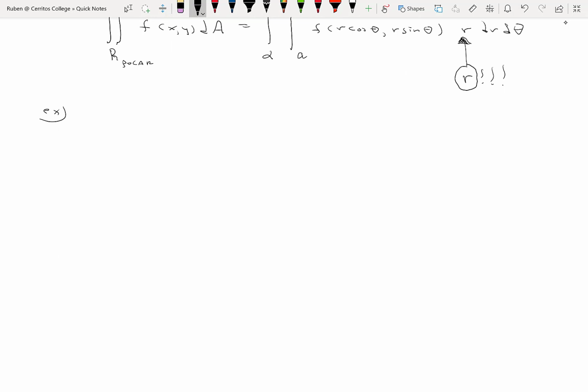Let's stop with the theory and do an actual example. Example: find the volume of a sphere, using calculus, of course. Let's find the volume enclosed by the sphere x squared plus y squared plus z squared equals 16.